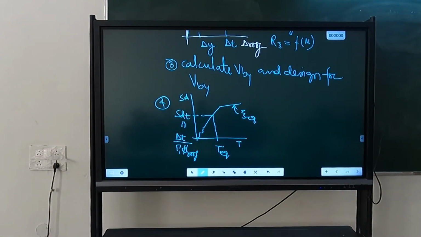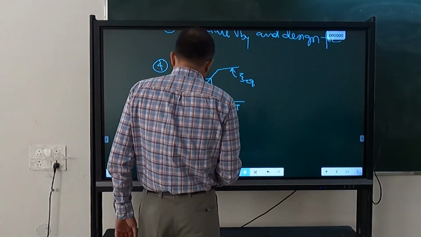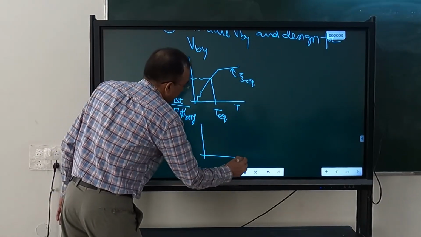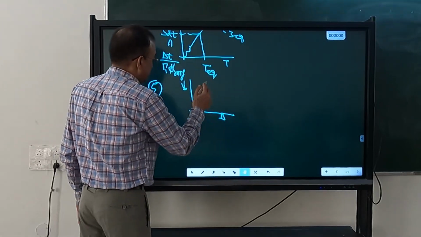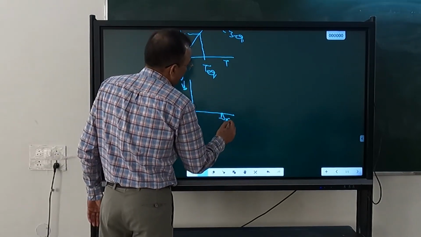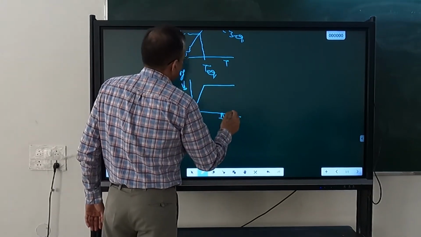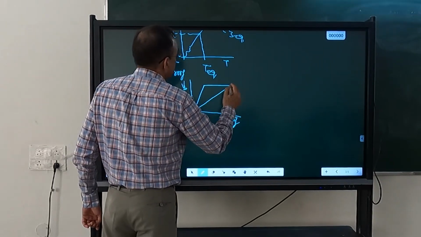This is the equivalent period for which you have to design. Let us say the building which you are going to design has an idealized capacity curve like this.